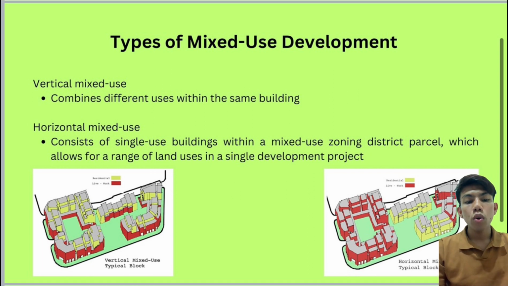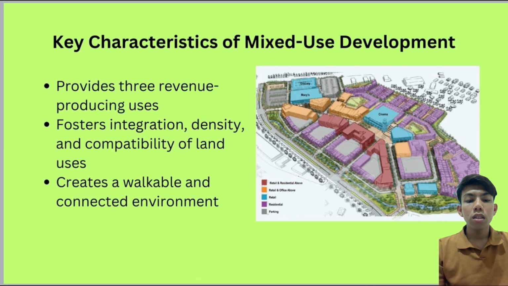Okay, so what are the key characteristics of mixed-use development? To be classified as a mixed-use development, a project must provide three revenue producing uses, foster integration, density, and compatibility of land use, and create a workable and connected environment.